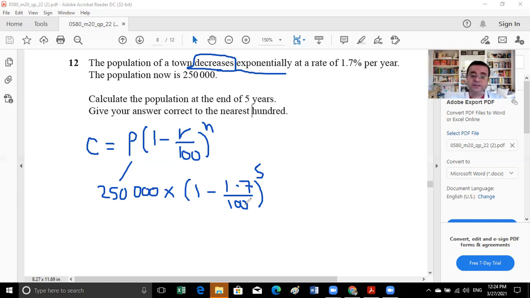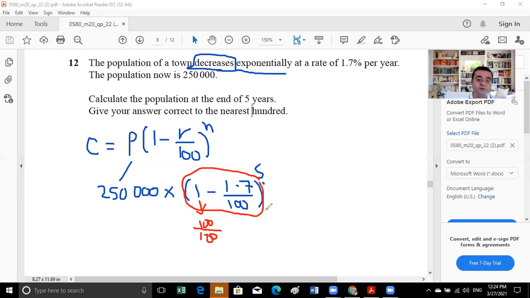Let me just explain a little thing here. Please pay attention. This one can be written as 100 over 100. Am I right? So 100 over 100, 100 minus 1.7.